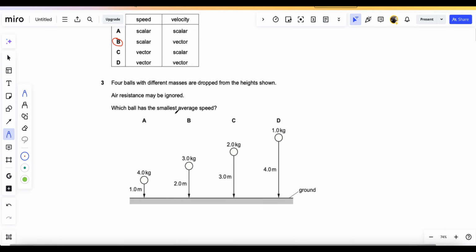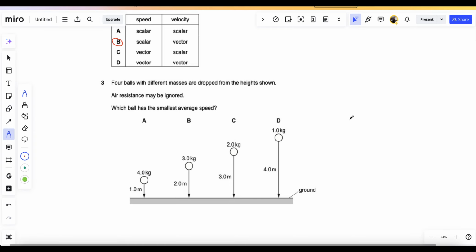Okay, now let's move on. Which ball has the smallest average speed? Air resistance may be ignored, right? Now we have the mass and the distance. What's the relationship with speed, mass, and distance? A mass of 4 kilograms moves a distance of 1 meter.